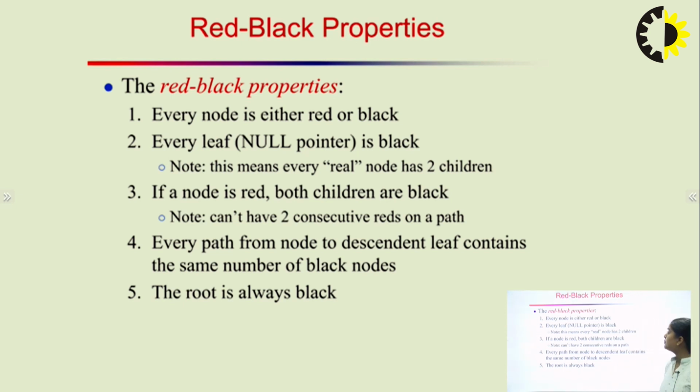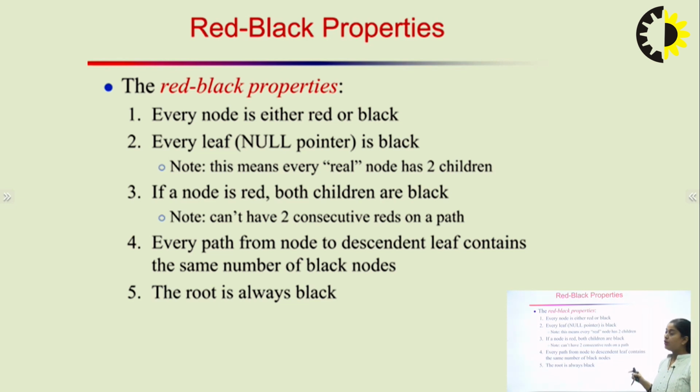So what are these properties? Number 1, every node is either red or black in color. Number 2, every leaf, which we also call a null node, having a null pointer, is black. We have to point out that it means every real node has 2 children. Number 3, if a node is red, both its children are black.